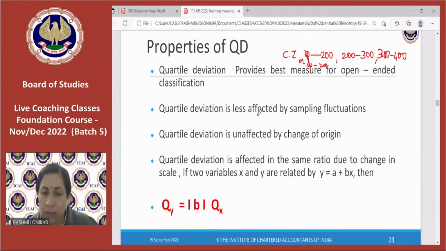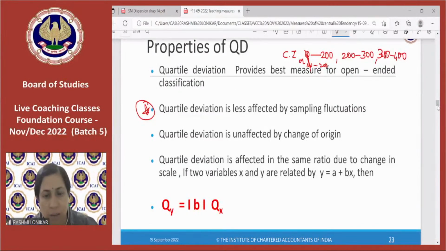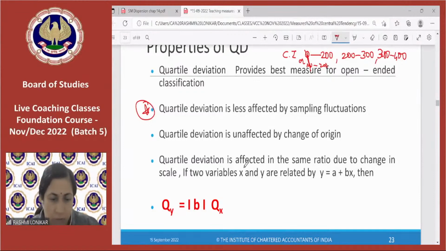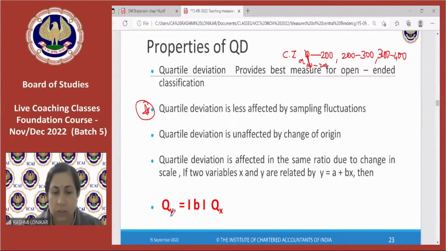Then quartile deviation is less affected by sampling fluctuation. These are important points for theory. Quartile deviation is unaffected by change of origin, and it is affected in the same ratio due to change of scale. We have already done this for range and also for mean deviation, and here also we say Qy is equal to modulus of b into Qx.